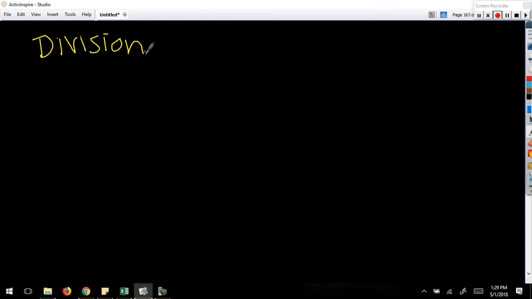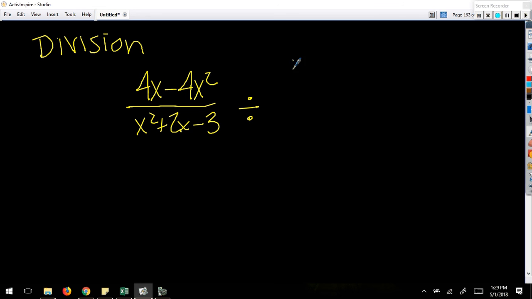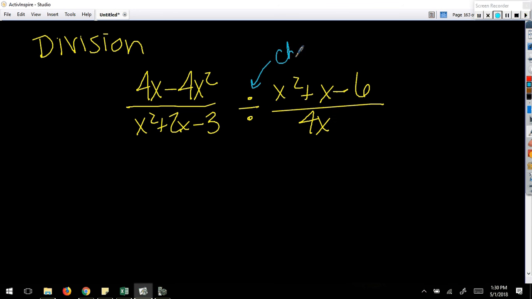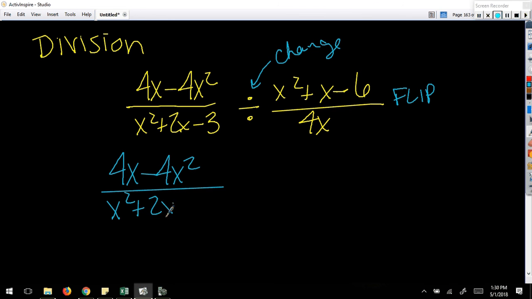The difference here is if I took that same problem, 4x minus 4x squared over x squared plus 2x minus 3, and changed this to division instead of multiply, the only thing I'm going to do differently is change this sign to multiplication and flip the second fraction, because dividing by a fraction is the same thing as multiplying by its reciprocal.